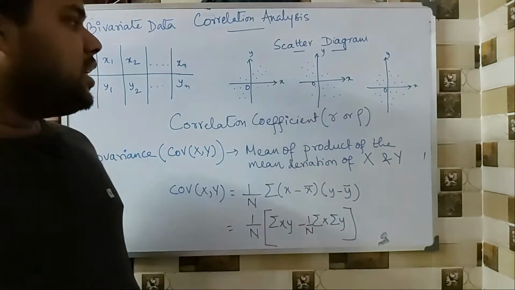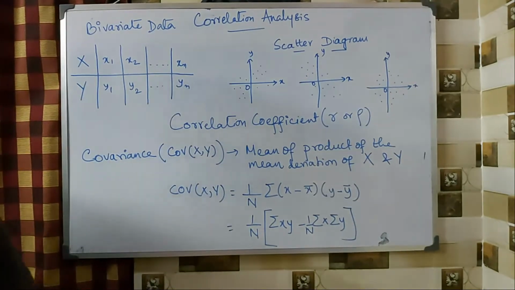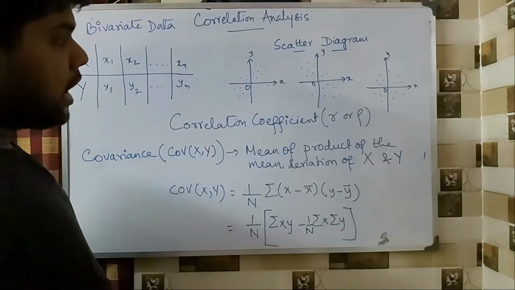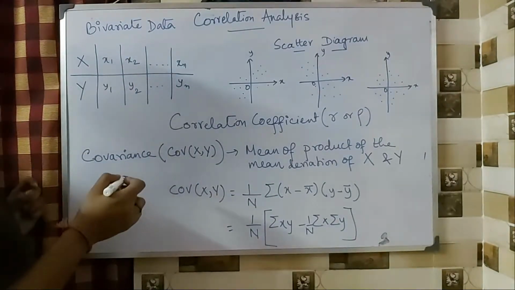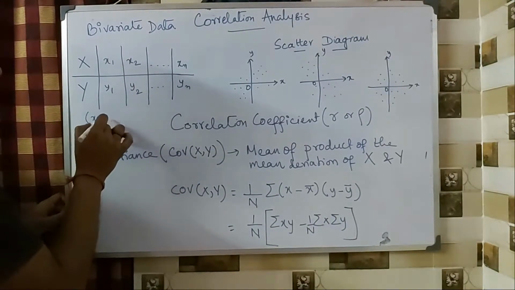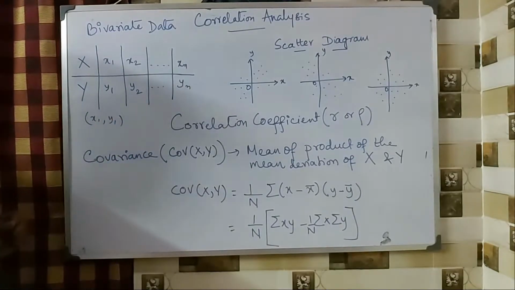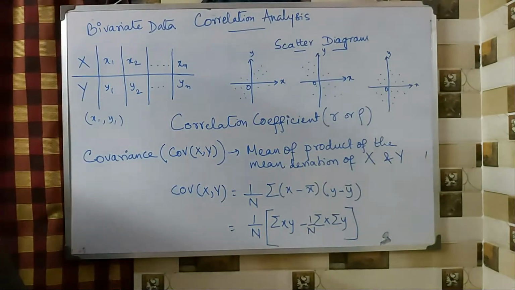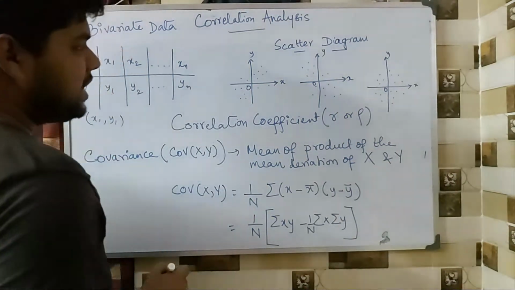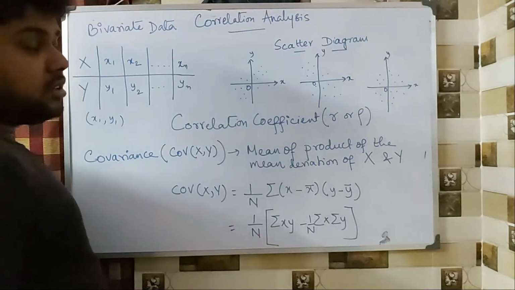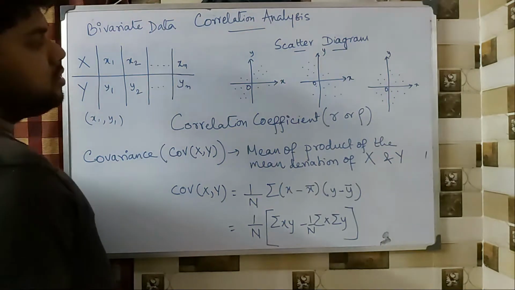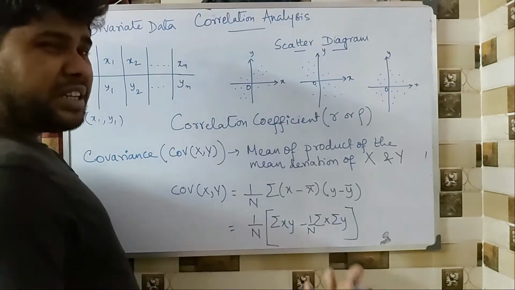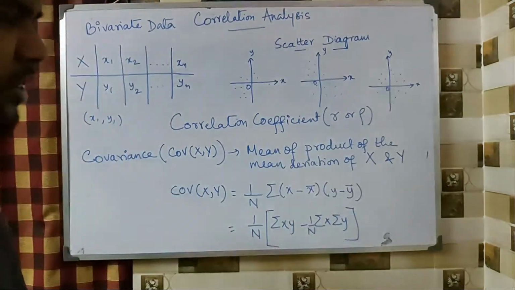The first one is a scenario where, if I consider x1, y1 as one coordinate and I plot it, the data values are plotted in such a way that I can draw a straight line, which is also called the regression line, but I am not using the term regression here.